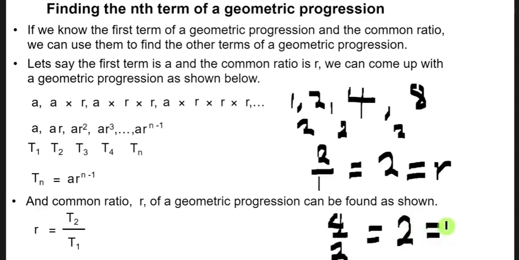So this is why we are saying that if you want to find the common ratio, we just get the second term divided by the first term, which is the same as the third term divided by the second term. So either this one or this one can be used to find the common ratio.